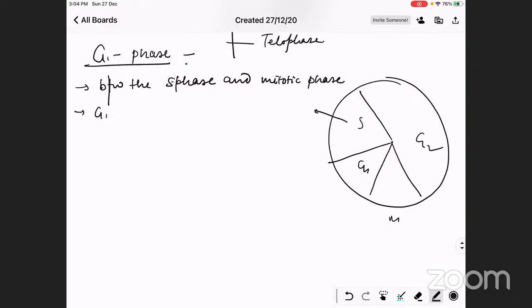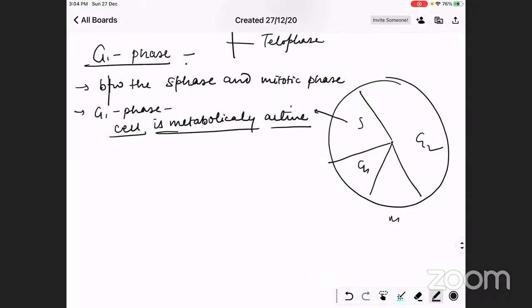In the G1 phase, the cell is metabolically active but not dividing.